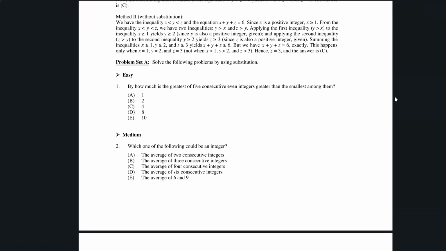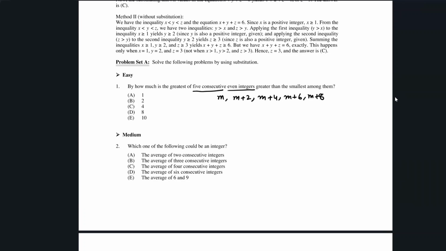Let's assume the first one is m, the second one is m plus 2, and the others follow like this. You can see I have chosen five different integers and they are even. That's why I had to add 2 each time, because I'm skipping the odd ones.